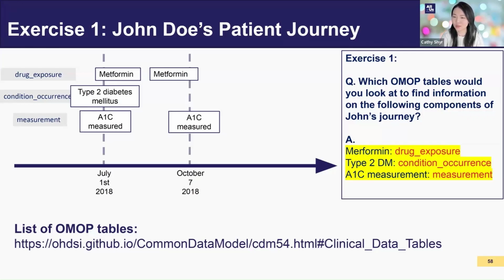In this case, we're thinking about type 2 diabetes as a diagnosis, so we're thinking about it from the condition occurrence table. But you're also right that it could be an observation and, as a result, documented in the observation table. Once you're working with the data, you do have an option to select where these concepts are sourced from. Does that help answer your question? Yeah, thank you. Awesome. Okay, perfect.